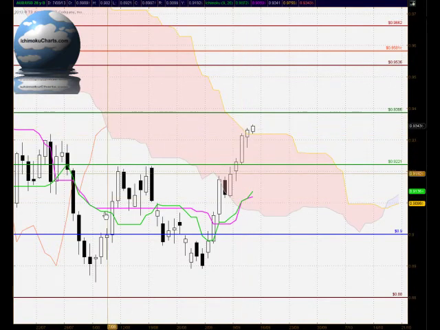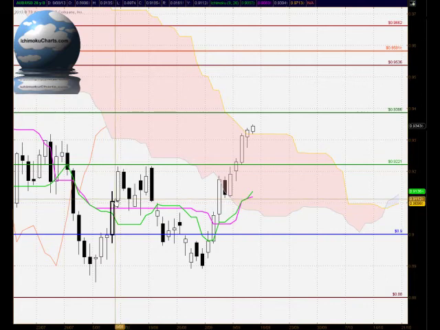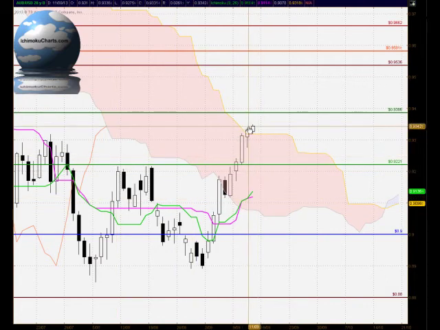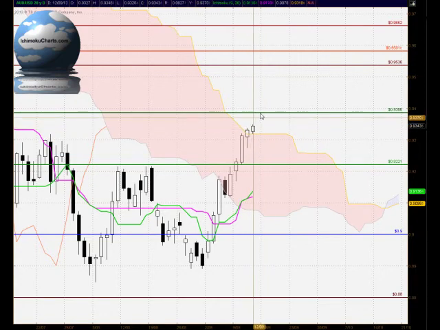And looking across at the Chikou Span, that's above the corresponding price action, so it's telling us that the market has some decent upside momentum in that higher time frame, confirming what we're seeing in all three time frames, and suggesting that this market has good potential to trade up at least to the 93.86 level of resistance.